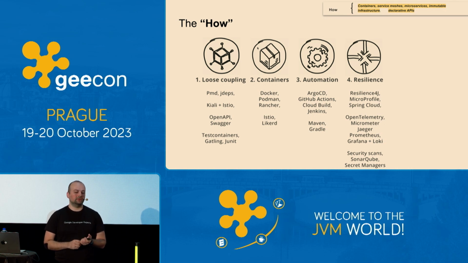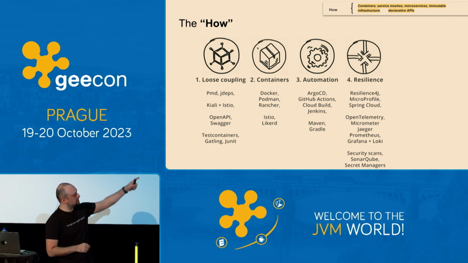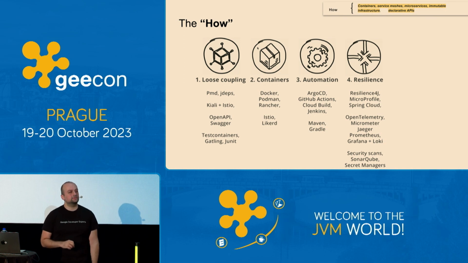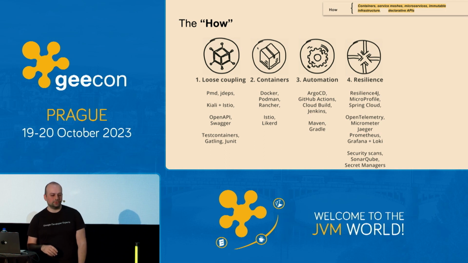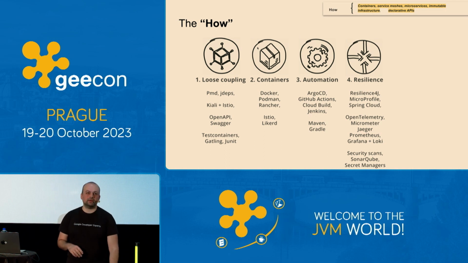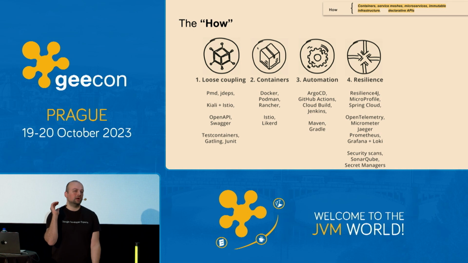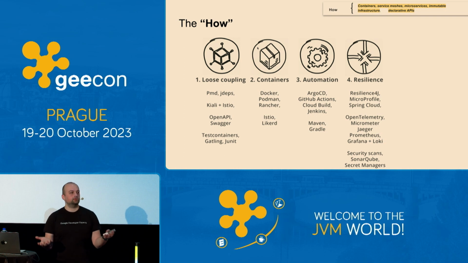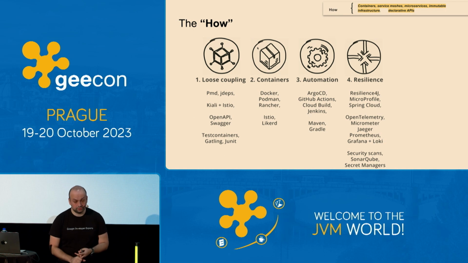And very often, most of the things are implemented based on Resilience4J, but they come in different flavors. MicroProfile has its own spec that describes how you do all these kinds of things, but it's up to providers of runtimes to implement that. So there is WildFly, there is Helidon, there is what else?